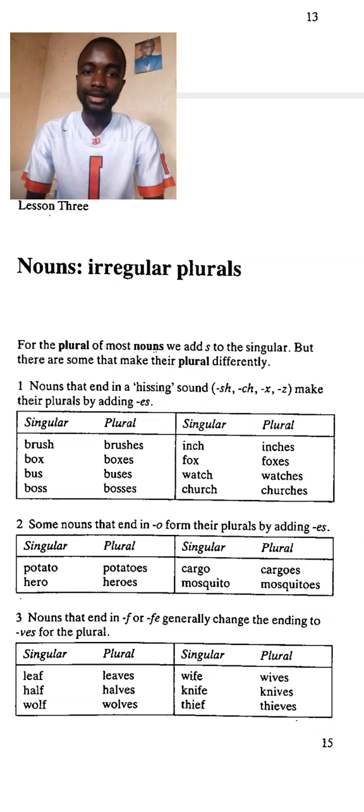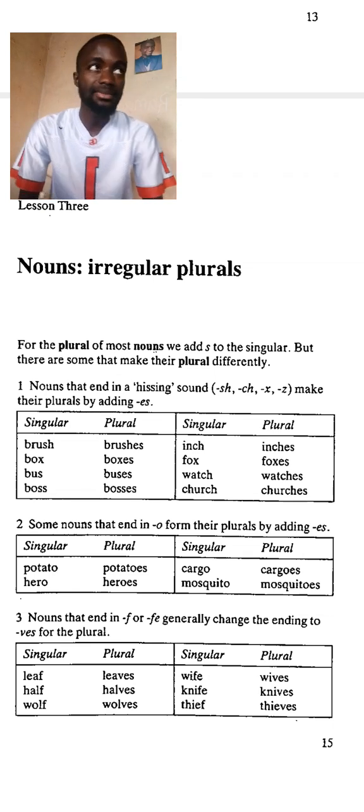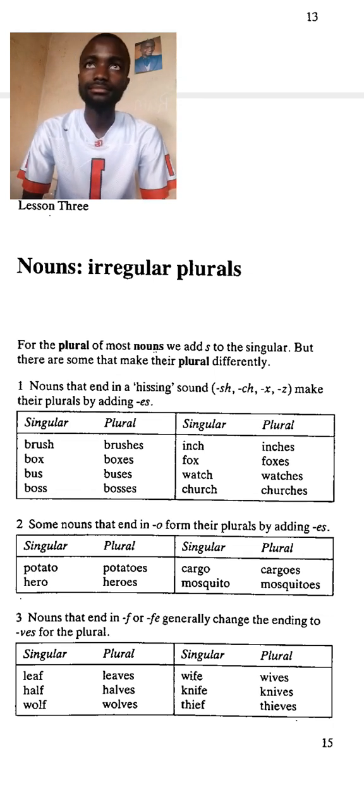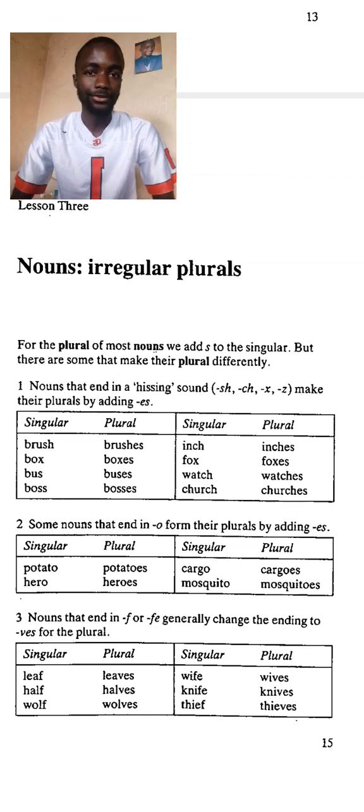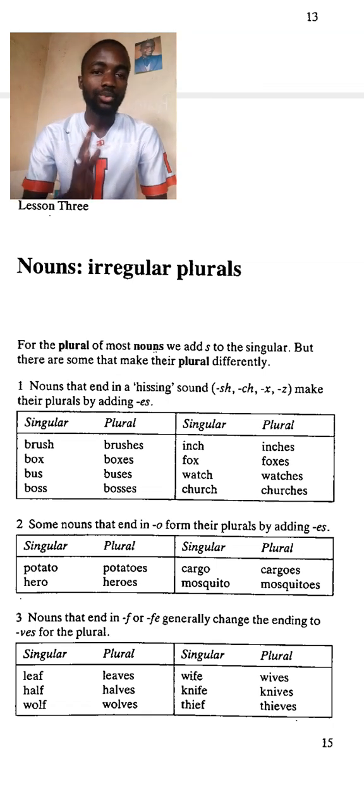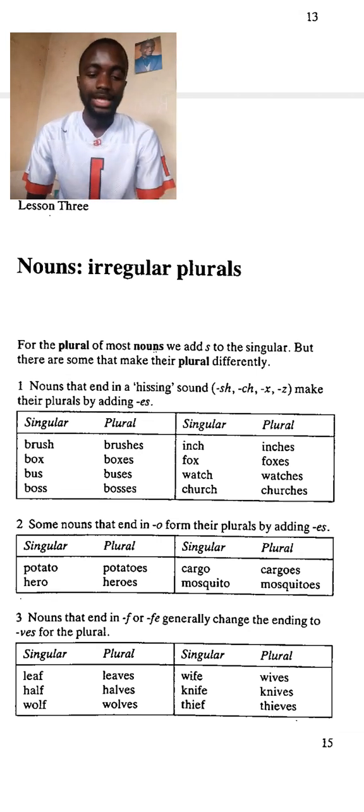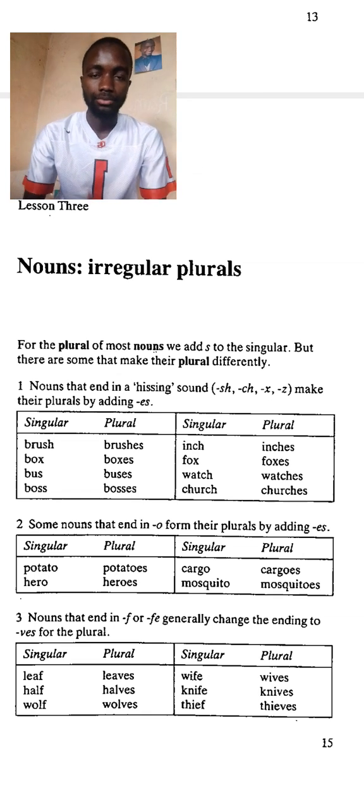But how about if we have nouns like brush, brushes, box, man, men, baby, woman, women? Now don't get confused. We are going to learn about all of these. How do we form irregular nouns? Why do we say they are irregular? Because they defy the first rule that we add S to singular nouns to make them what? Plural nouns.